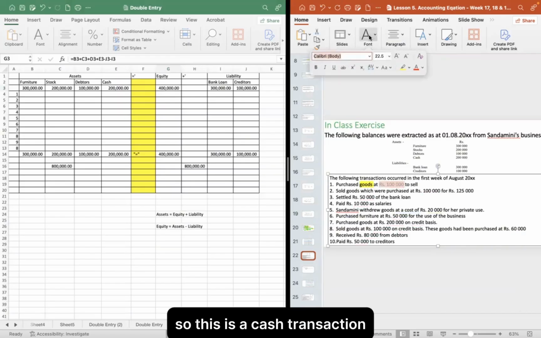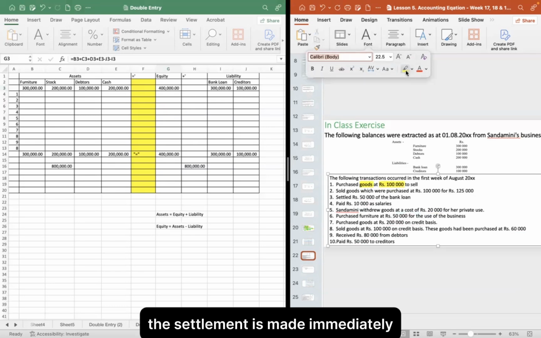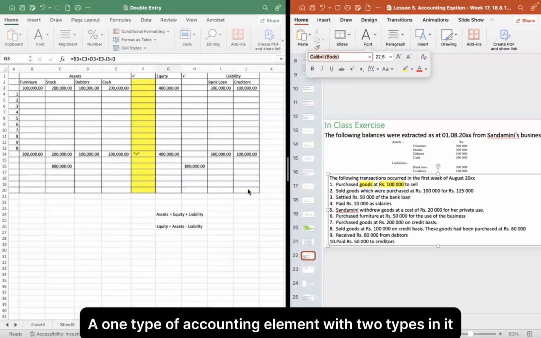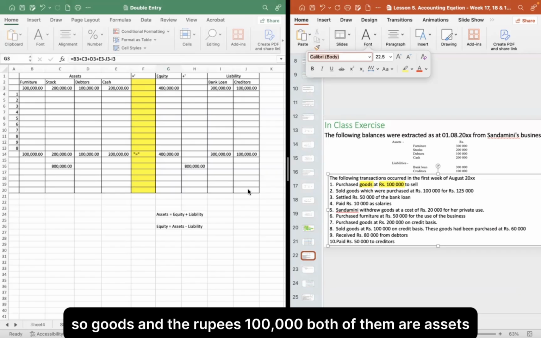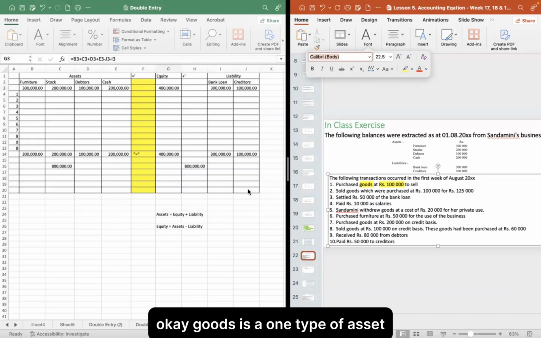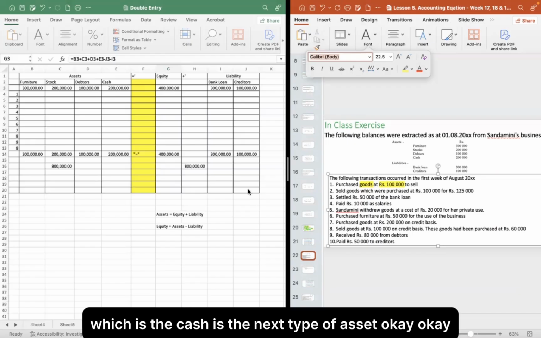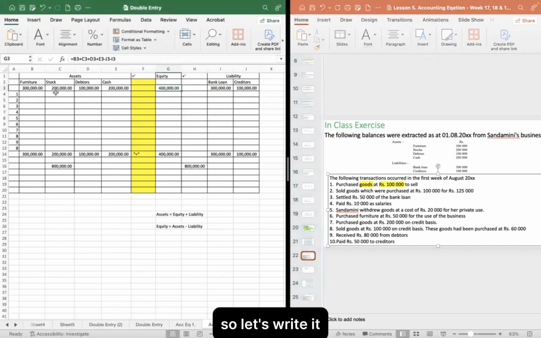So this is a cash transaction. The settlement is made immediately, and there is one type of accounting element with two types in it. Goods and the rupees 100,000, both of them are assets. Goods is one type of asset, and rupees 100,000, which is the cash, is the next type of asset. So let's write it.